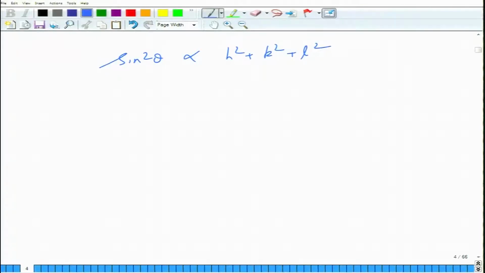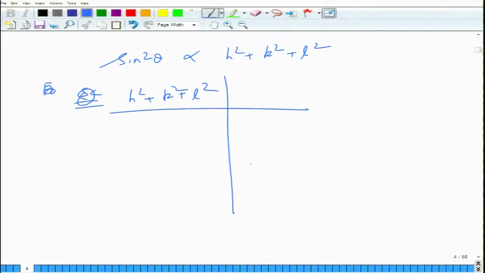So we converted the sin square thetas into integers and matched them to the sequence for simple cubic, BCC and FCC.